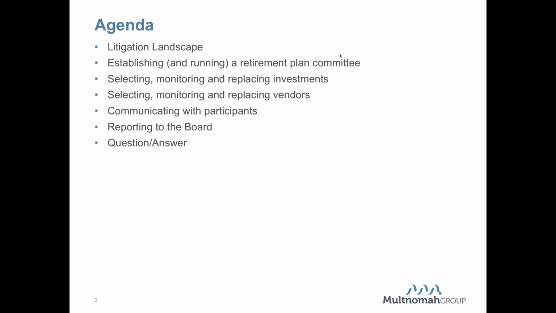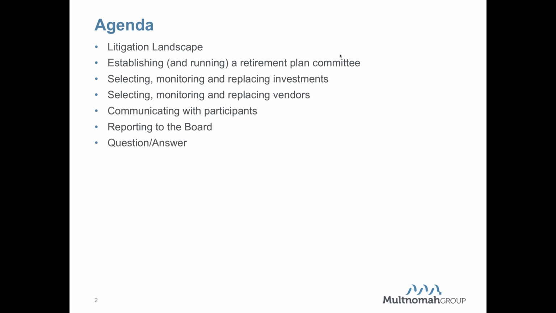From an agenda perspective, we have a few things we're going to talk through. First and foremost is the litigation landscape, trying to provide some context to what we're seeing as it relates to fiduciary breach cases related to retirement plans. We're going to talk about establishing and running an effective retirement plan committee. Clearly, that is one of the best ways to mitigate that risk, is having an effective committee and staffing it appropriately.